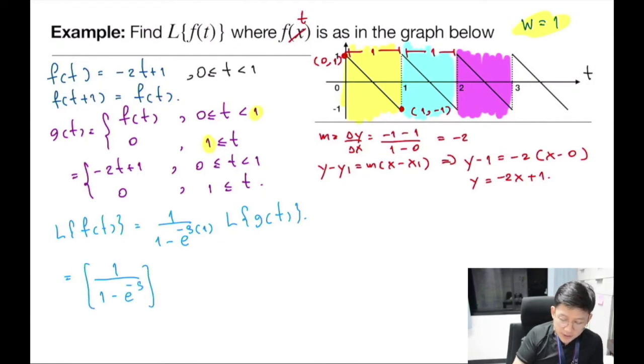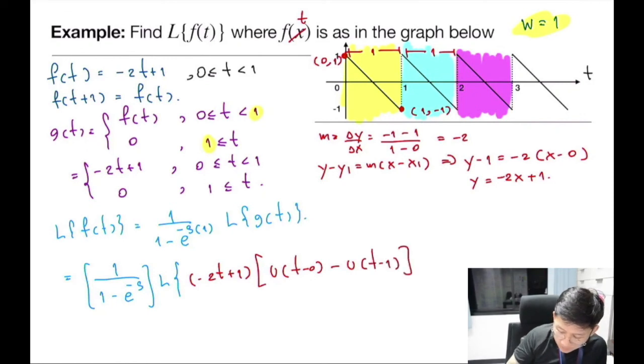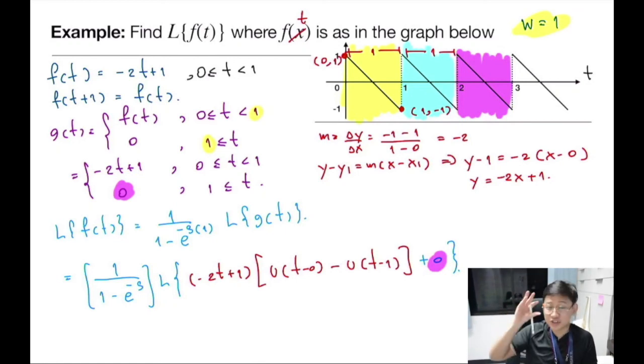The Laplace transform of g(t) would be the Laplace transform of, then we need to use the unit step functions, right? So it's going to be minus 2t plus 1 times u(t minus 0) minus u(t minus 1), and then plus 0. This 0 here is from here. It's plus 0 times something times u(t minus 1), but I'm not going to write it because it's 0 times something, it's always 0, so I don't care.